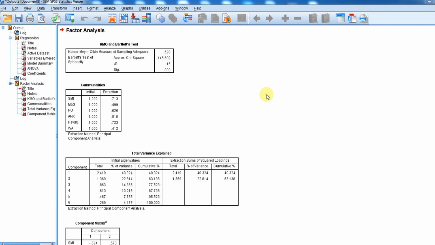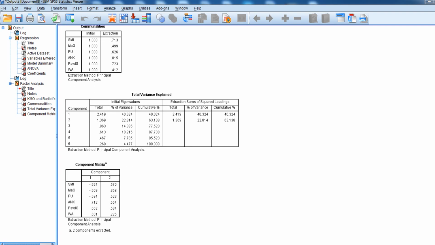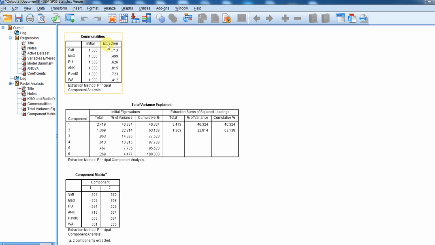The KMO index is a descriptive index and Bartlett's test is a significance test. You'll notice that in addition we received some additional feedback in terms of principal components results. These were just utilizing the defaults in SPSS.